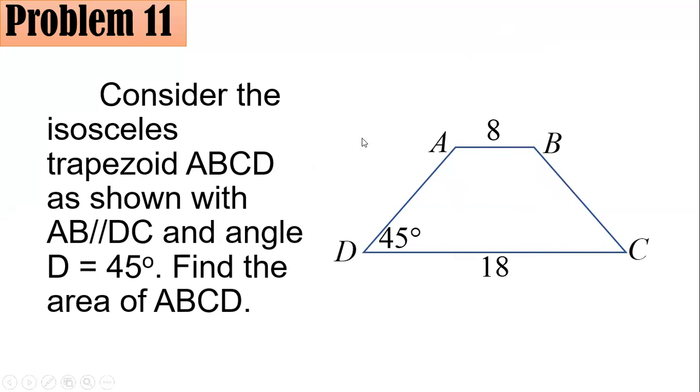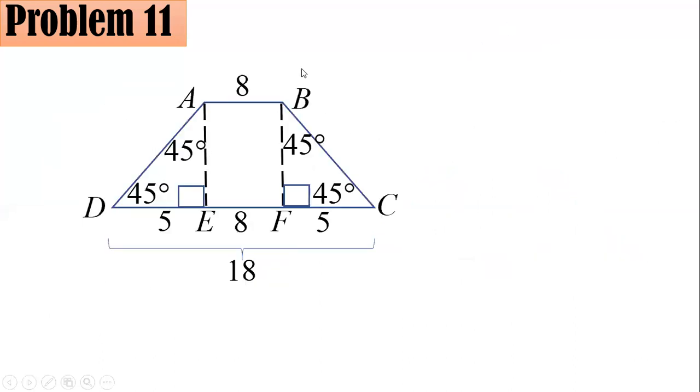Now to further understand, I'll just repeat what he said. What he did was he drew first this vertical line, same here. And how come it should be 8? Because this is a rectangle, this is 90, this is also 90, 90, 90.